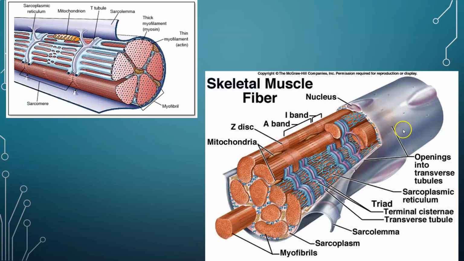So here we can see the sarcolemma surrounding the cell, and we can see the nucleus here on the outer edges of it. You can also see the sarcolemma pulled away here, so that you can see underneath what's happening. Remember, this is the cell membrane of this specific muscle cell.